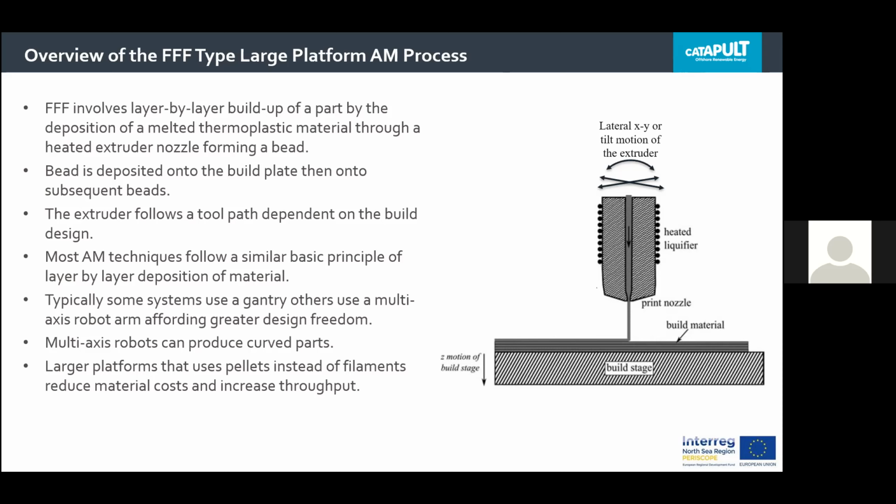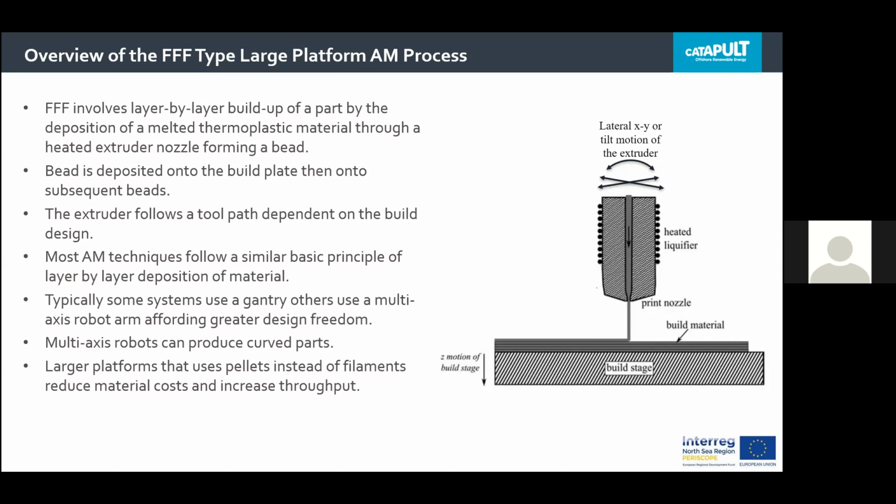So each bead is deposited on subsequent beads, forming the part. Ultimately, the extruder follows a tool path, which is obtained from the G code, similar to a CNC machine.